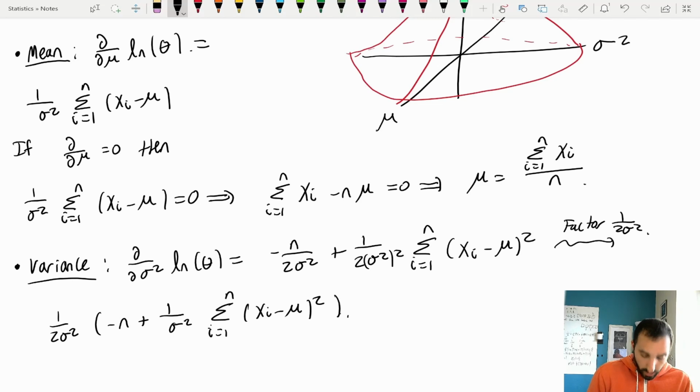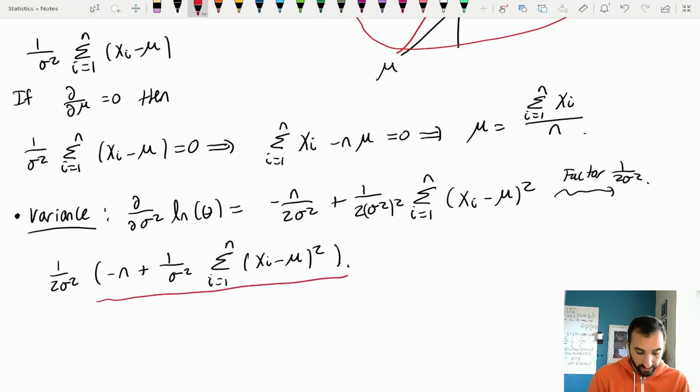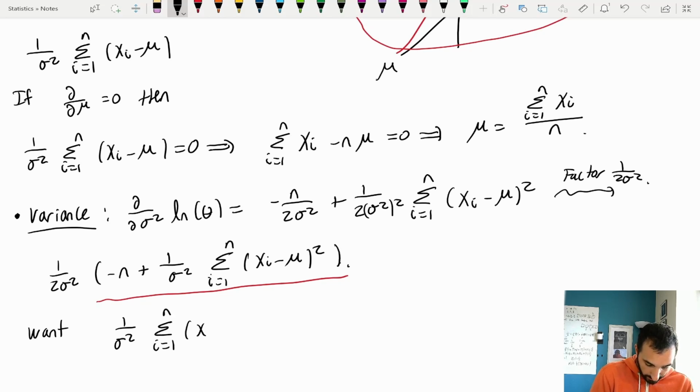All right, so I want this term to be 0, and I can control the sigma squared. So what does this sigma squared have to be? Well, essentially, I want this inside to cancel. I want this inside to be 0, so I want 1 over sigma squared times the summation as i goes from 1 to n of xi minus mu squared to be equal to n.